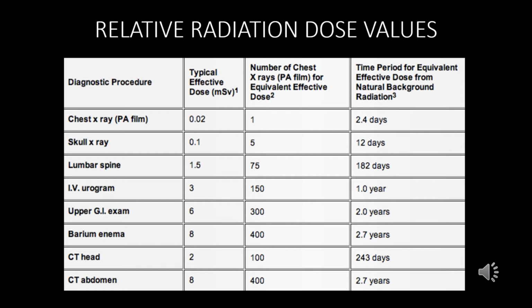Looking at this, we know the typical effective dose of various examinations, and we should try to use the examination with a lower dose if it is possible to attain the answer of the clinical question posed by the referring doctor.